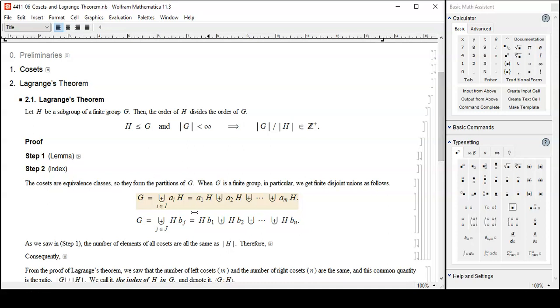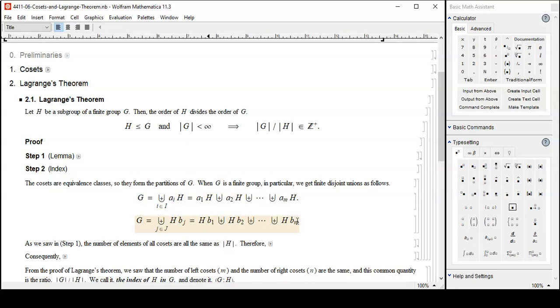So if identical, in that case, they are duplicates, so you can throw those away, and if they are different, then they are disjoint. So union them all, then you're going to get a disjoint union. And we are talking about a finite number of elements anyway. So there are m such cosets, m left cosets. Do the same thing for the right cosets, and we have n right cosets.